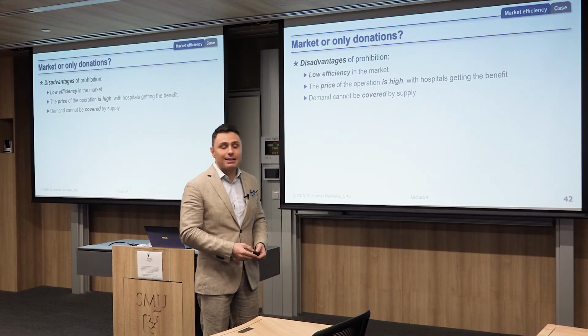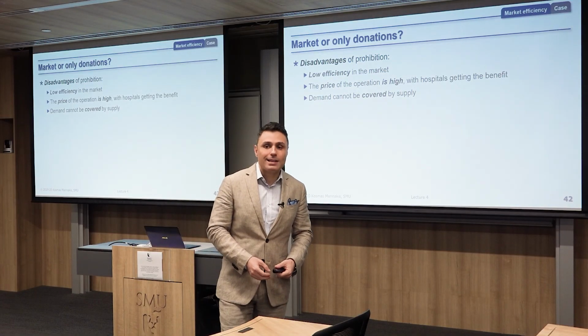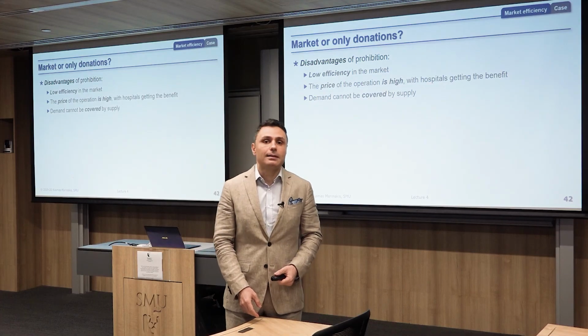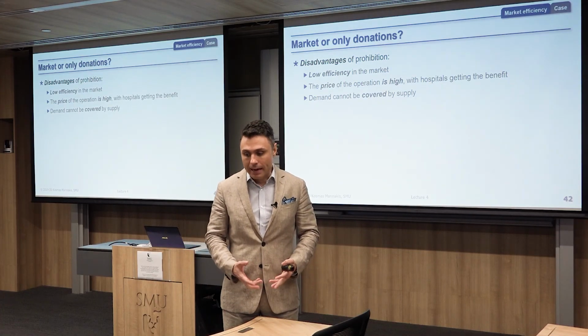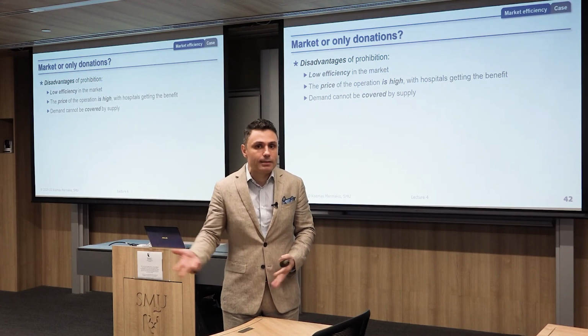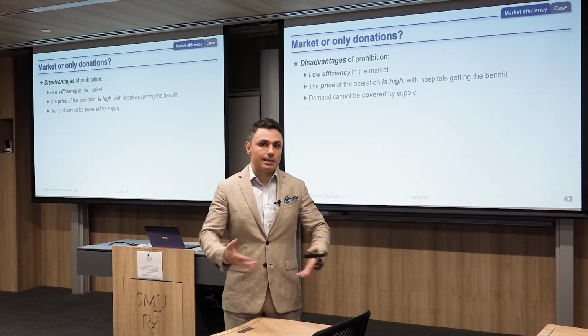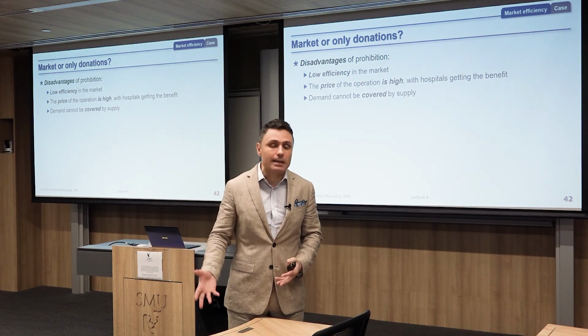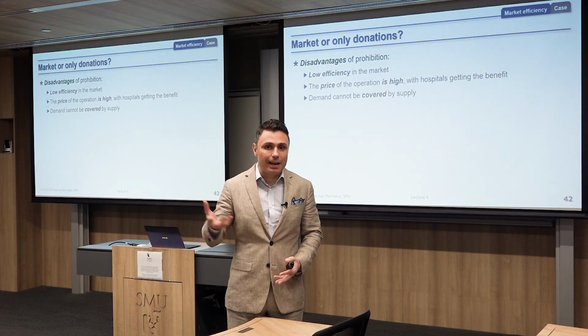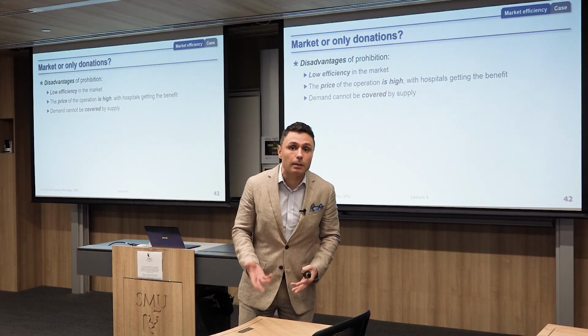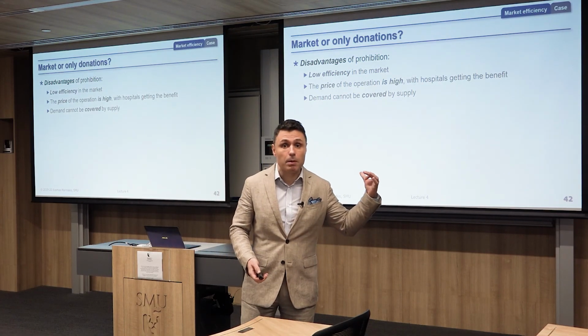Demand cannot be covered by supply, so you do have the excess demand there, which is not just, oh, I want to consume this and damn it, I cannot. It's like, oh, I don't have a kidney and damn it, I'm going to die. So this is kind of a very different story, a very sensitive issue. And we are talking about something that potentially could save these people.